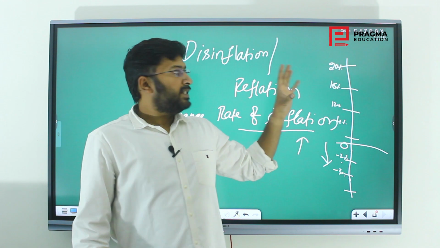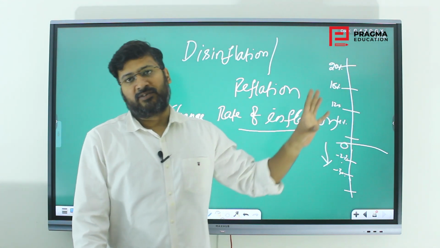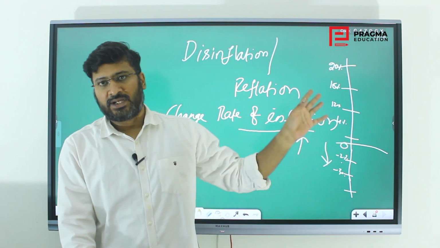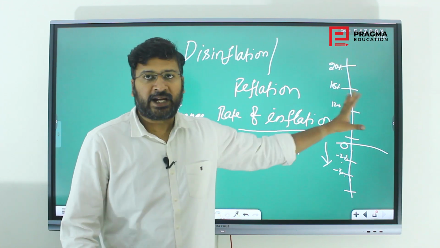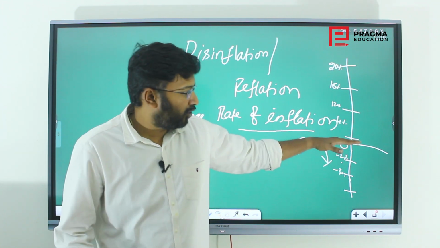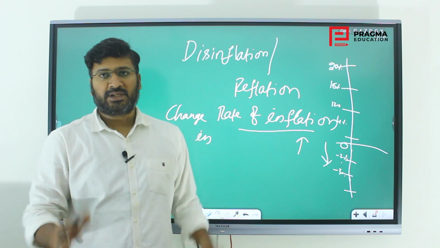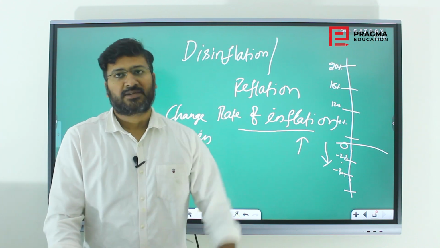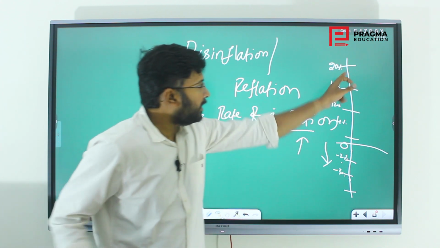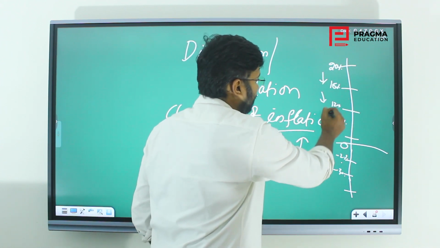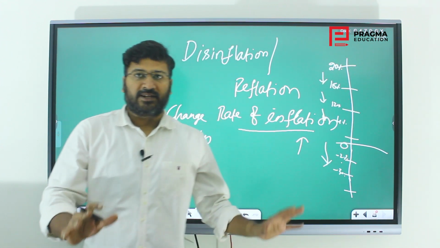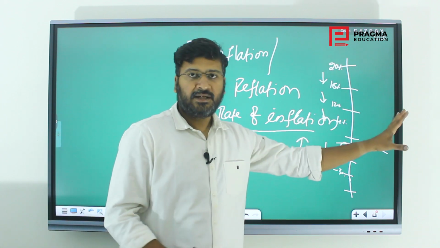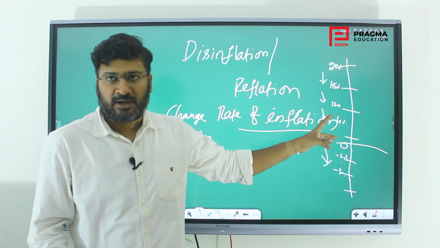It is a decrease in the rate of inflation, not a decrease in the prices. When it crosses 0, it becomes deflation, meaning it is shrinking and prices are falling. But in between, it is called disinflation. And if the rate is rising, it is called reflation.